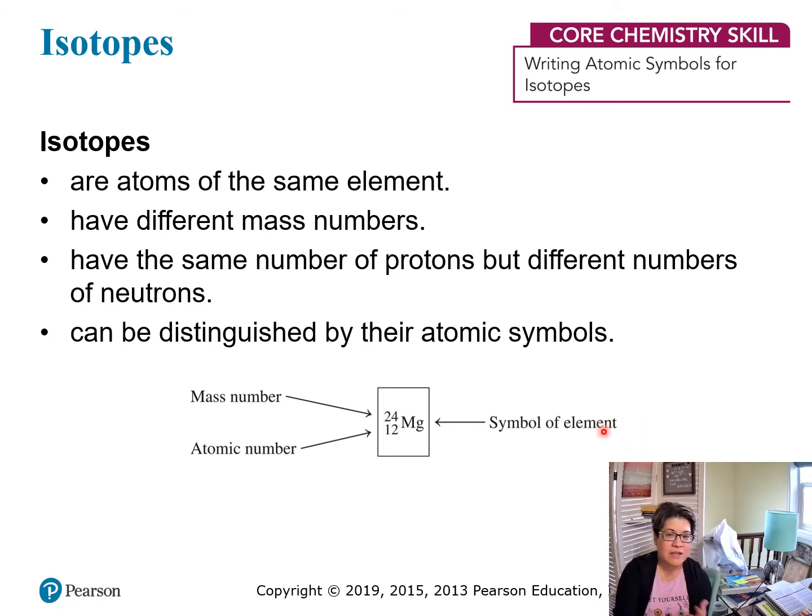Or it's just a less common one. So the ones on the periodic table are also isotopes. They're just the most common isotope. So it has a different mass number, but the same atomic number. So here's an example, 12 and 24, and that is magnesium.